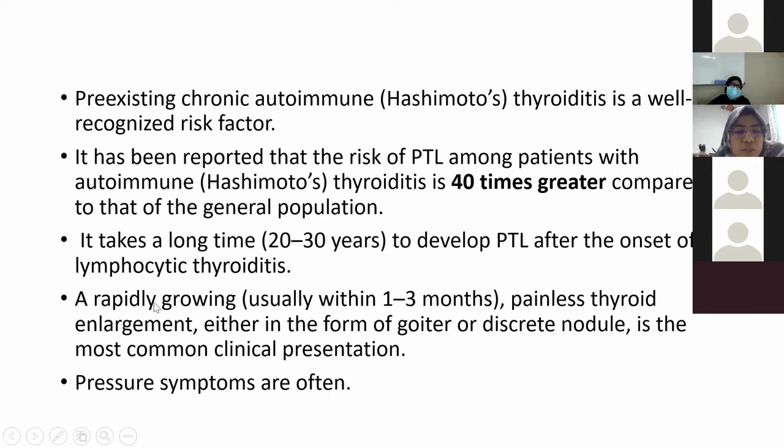The lesion is usually rapidly growing within 1 to 3 months. Painless thyroid enlargement, either as a goiter or discrete nodule, is the most common clinical presentation, and compressive symptoms are often present, like in this case.